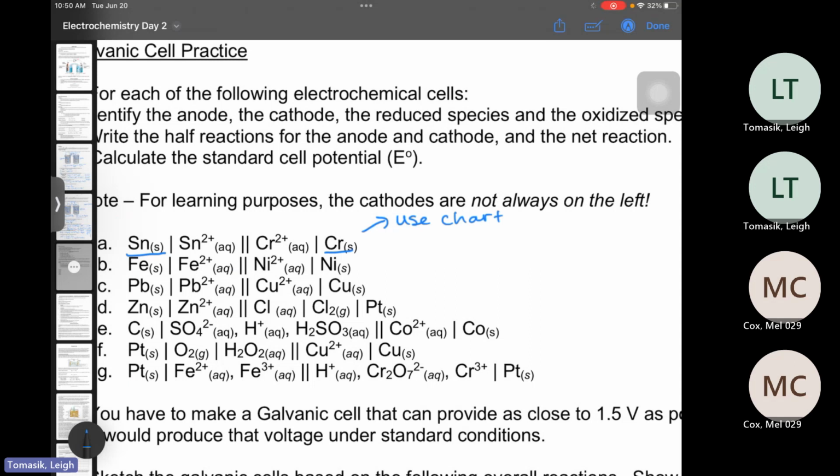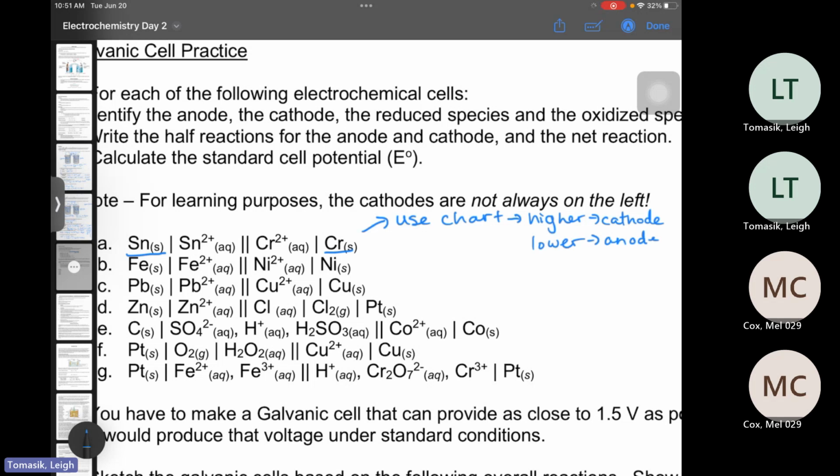I will put metals on it, right? And you're going to see which one is higher, which one is lower, right? So remember, the higher is the cathode, and the lower is the anode.